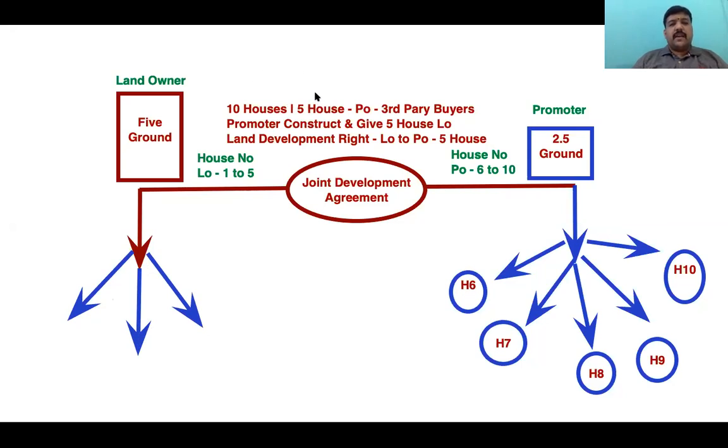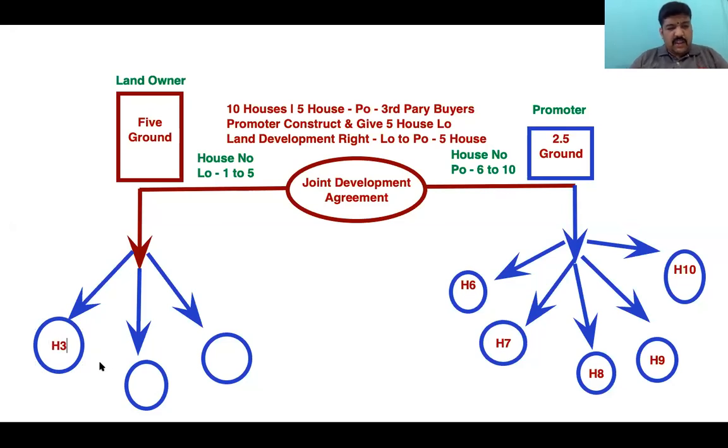GST. Consciously, 1 or 2 flats he will keep for himself. After his personal usage, maybe 3 flats he sells. Let's assume all 3 flats he sells after construction.